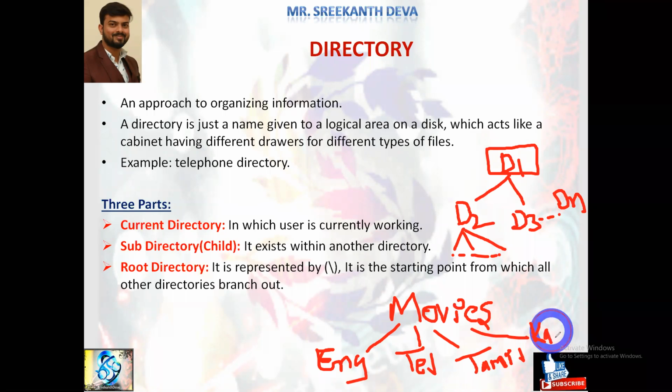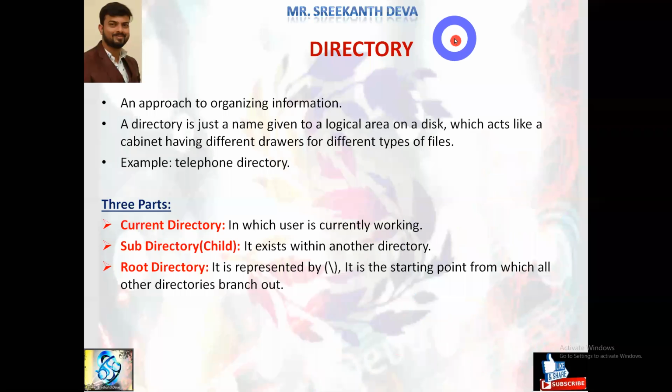We can create different types of subdirectories. Again English can be considered a subdirectory, and I try to store year-wise, like 2021, 2020, different directories I create. Again in 2020, month-wise we can organize this directory in a well-structured format. Okay, this is about directory.